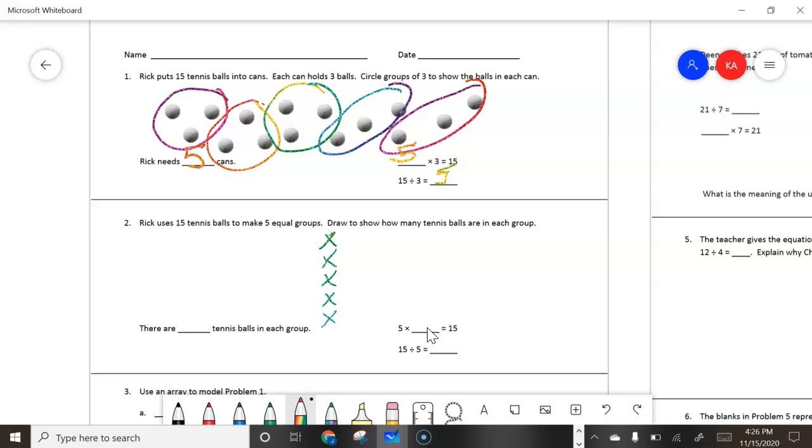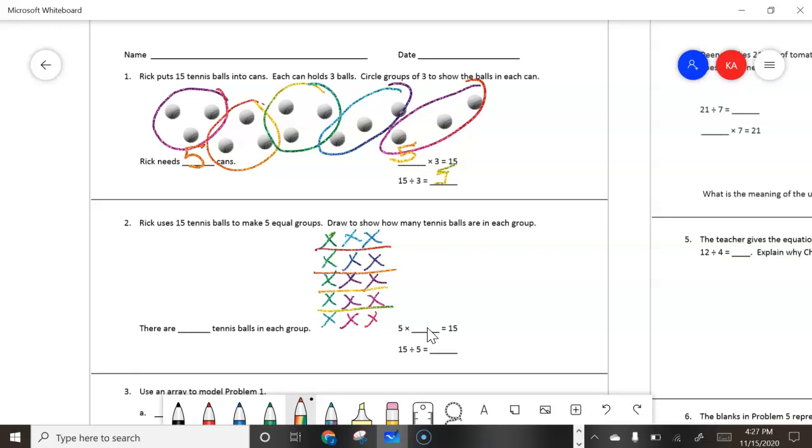And then I'm going to put 3 in each group. 1, 2, 3, 1, 2, 3, 1, 2, 3, 1, 2, 3, and 1, 2, 3. If you need to draw lines between your rows to keep them straight, that might be a good idea.